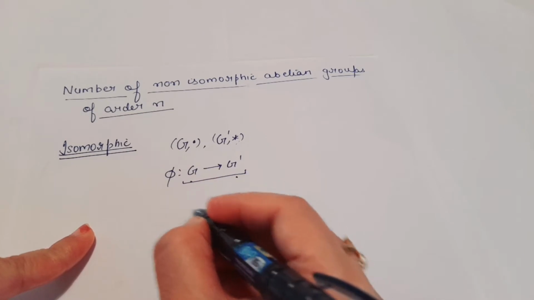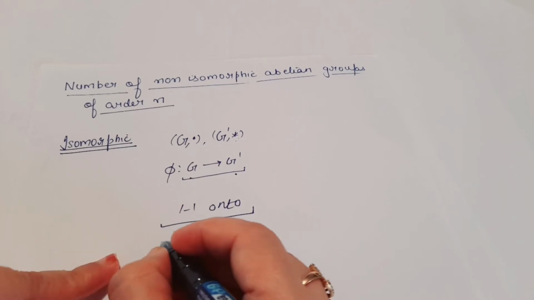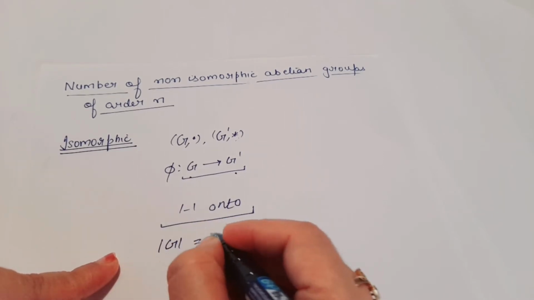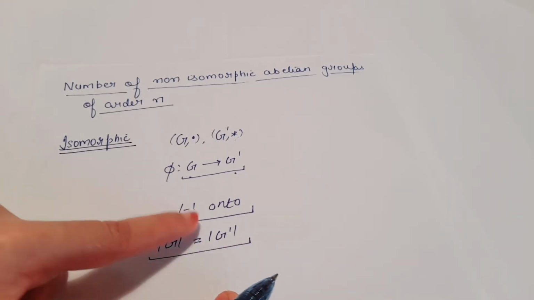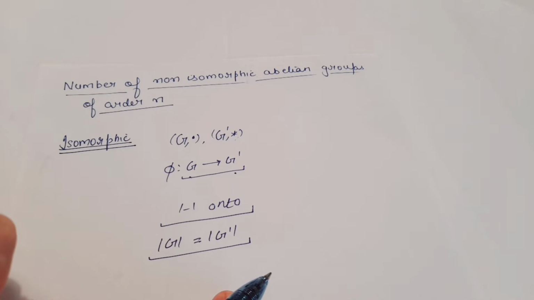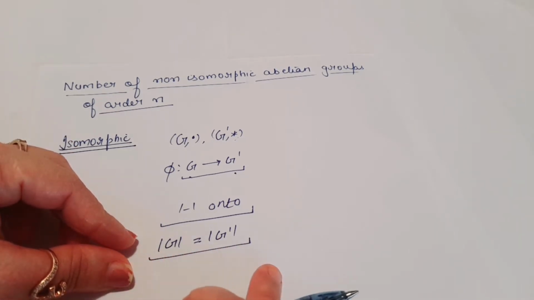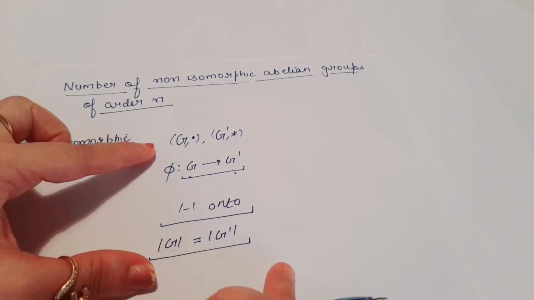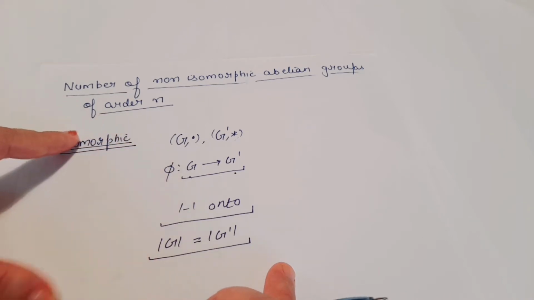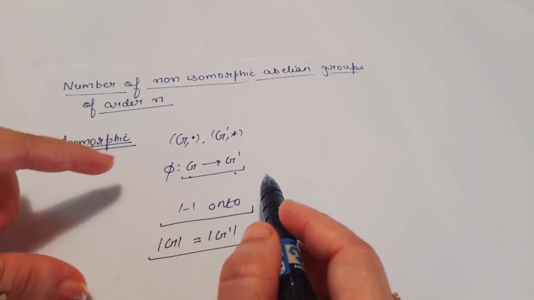If we need a 1-1 onto correspondence, the number of elements in both groups should be the same, because only then can there exist a 1-1 onto correspondence between them. So the order of G should be equal to the order of G dash. Only then will two groups be isomorphic.